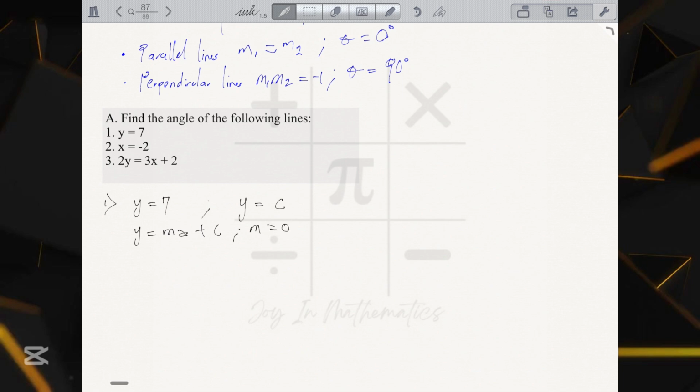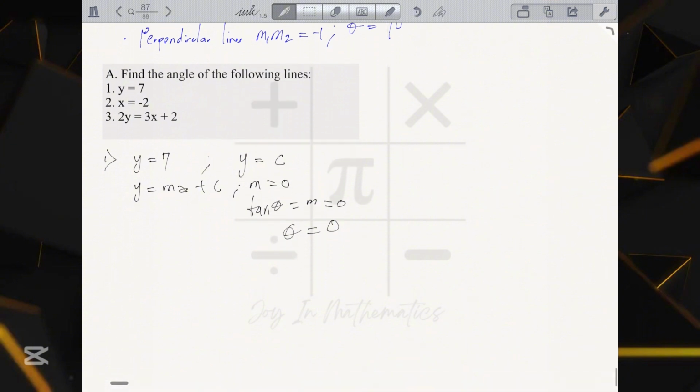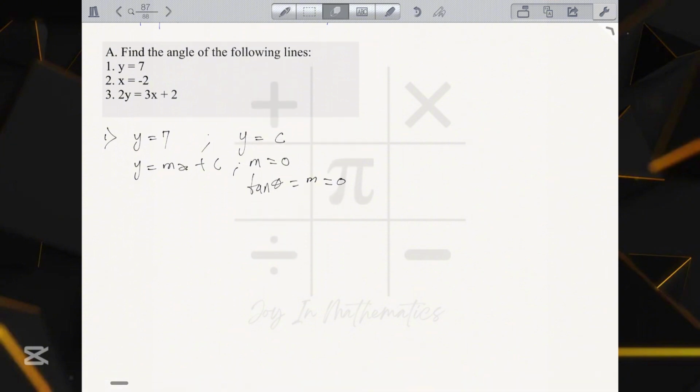Using tan theta is equals to m, which is equals to 0, then theta is equals to 0 degrees. This shows a horizontal line.